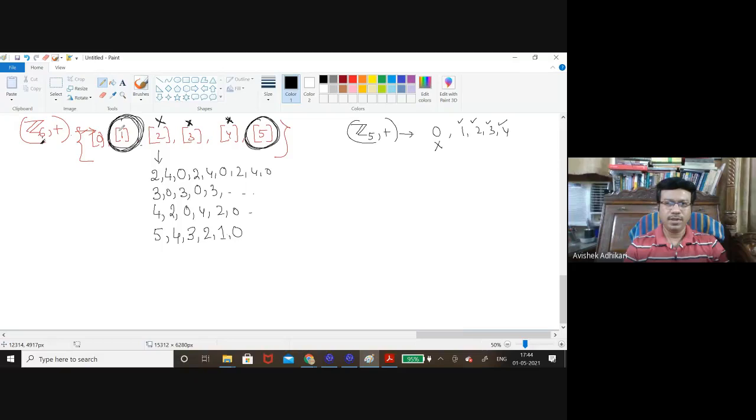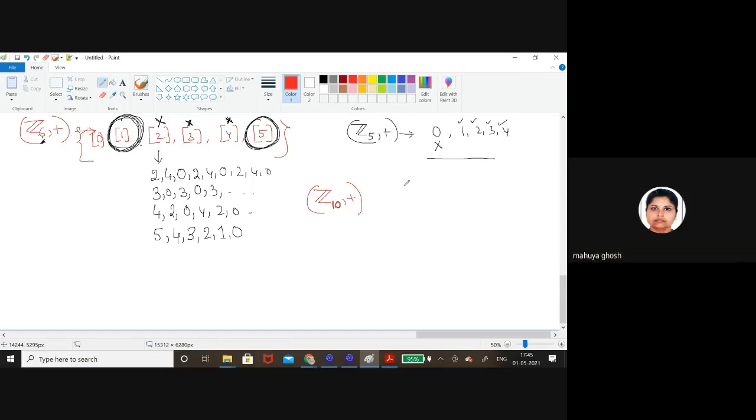Now, looking at this pattern, can anybody tell me what could be the generator for Z10? Quickly. In a cryptography course, while attacking something, we always try to find some kind of pattern. Is there any pattern that you can find? 1 and 9.